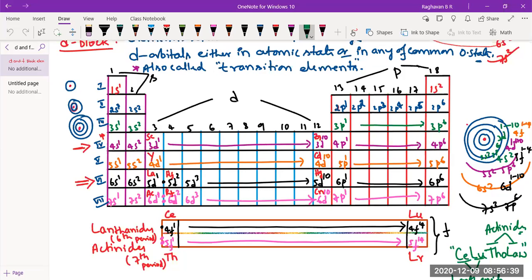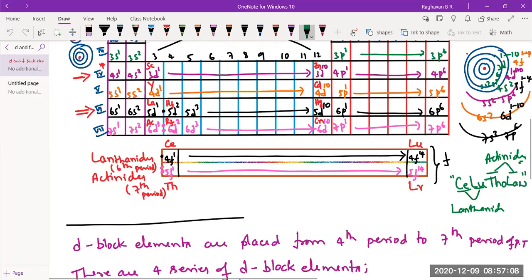That is, metallic nature changes over to non-metallic nature. That change is significant through the D block elements. So D block elements become witness to that transition of properties from metallic to non-metallic. That's why they're called transition elements.